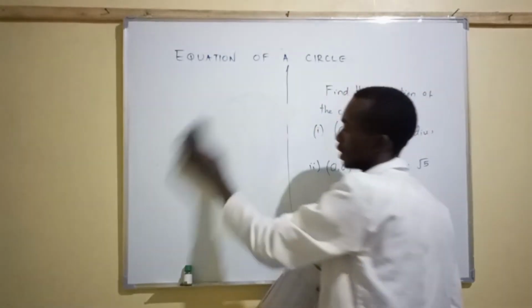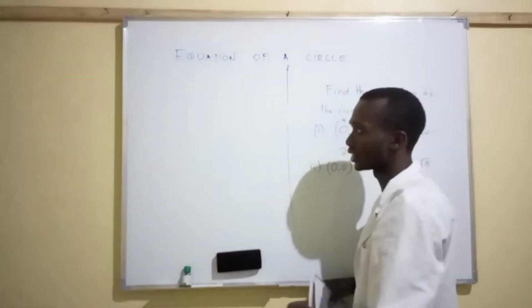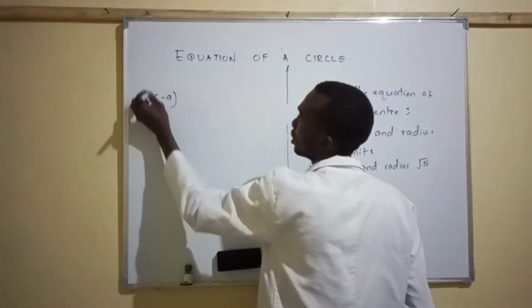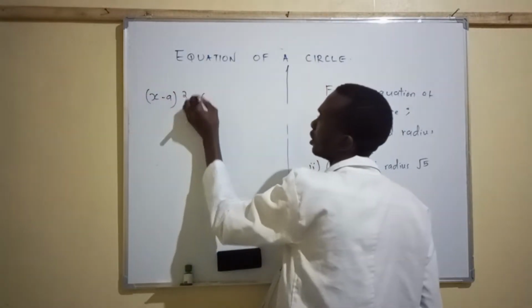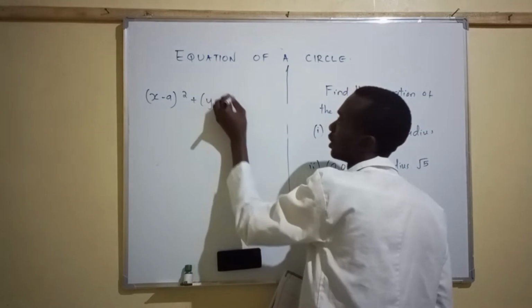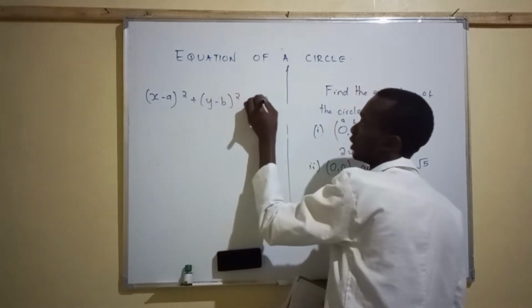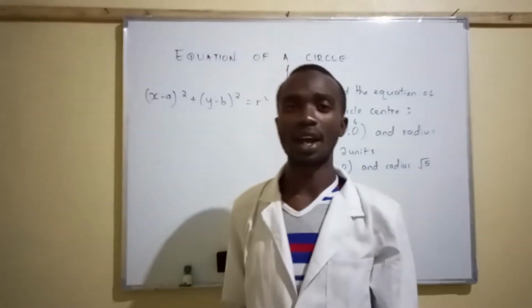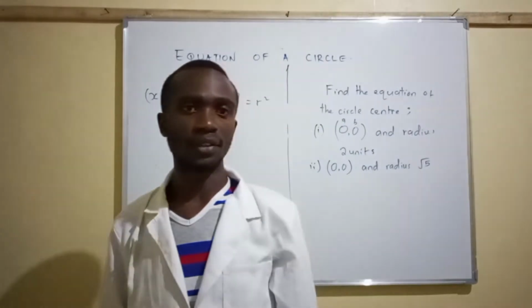Again, apply the formula: (x minus a) squared plus (y minus b) squared is equivalent to r squared, where a and b are the center of the circle.